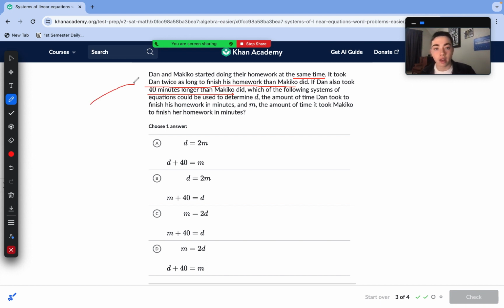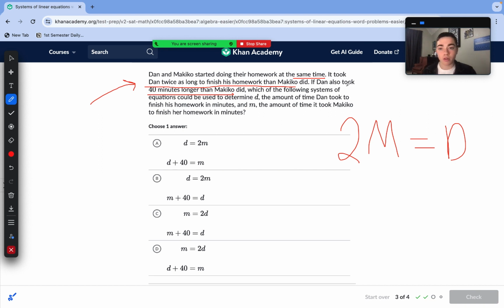So this first sentence, it took Dan twice as long to finish his homework as Makiko did, which means if we have Makiko's number and we multiply it by 2, finding twice Makiko's number, then we find Dan's number. Doing capital letters here, I know it's lowercase, but 2m equals D, that is our first expression here.